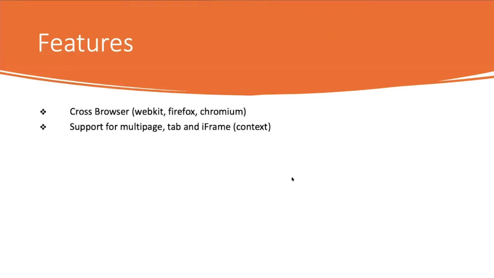Secondly, it's got support for multi-page tabs and iframes, which is a limitation of some of the other tools such as Cypress, which is very much focused on single page automation. Playwright, on the other hand, provides something called context, which allow you to open up multiple tabs and multiple pages and even multiple iframes in a single test.